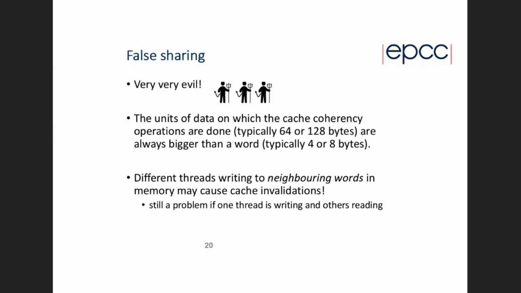You just happen to have threads reading and writing data which reside in the same cache block. It's still a problem if one thread is writing and others are reading. If all threads are reading, that's not a problem. Every thread just gets its own copy in its own local cache and keeps reading it. But as long as at least one thread is writing, you will cause the invalidation process to happen.